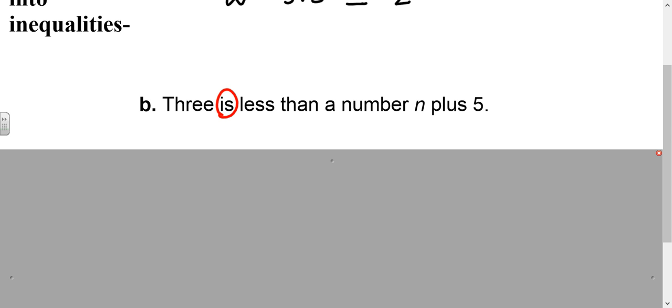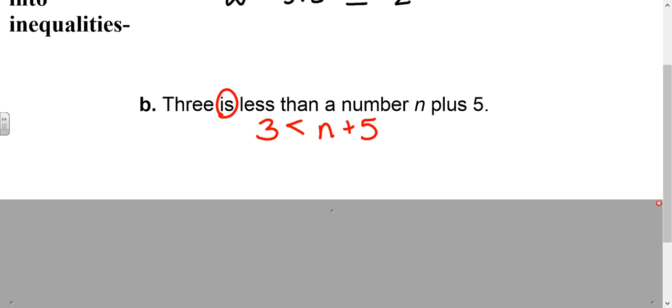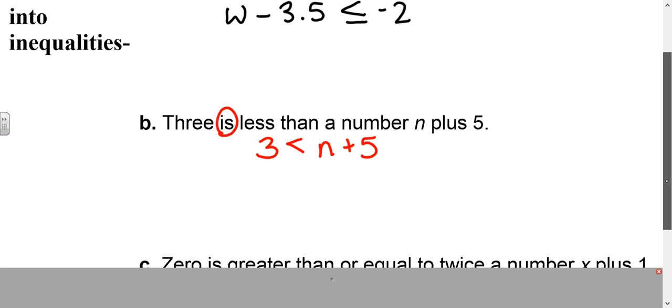So 3 is less than, and less than, remember, points to the left, a number n plus 5. The key when you're doing these is to just break apart the sentence. 3 is less than, so you just write that part, a number n plus 5. It goes in order, it's pretty easy. All right, let's try another one.